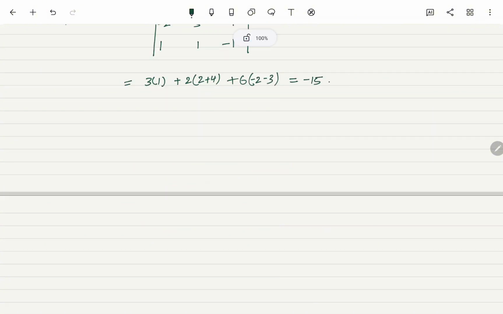Now the other type of triple product is the triple vector product, like this one. D equal to A cross (B cross C), and it's very important here to define the parentheses, because parentheses take the priority.